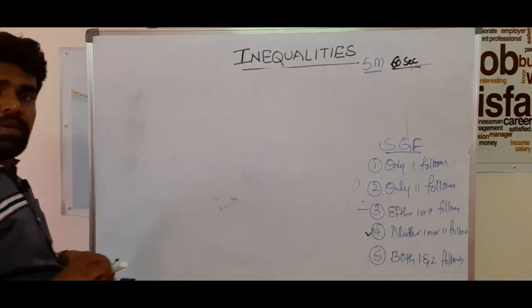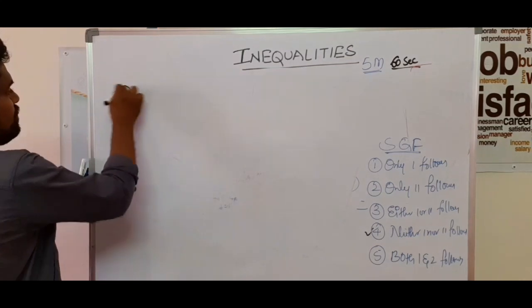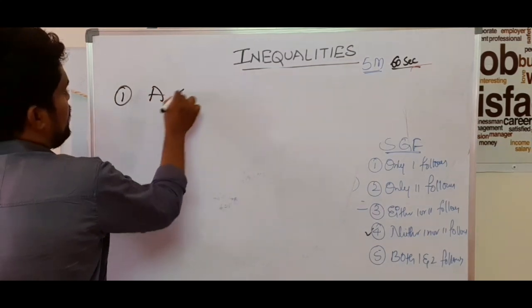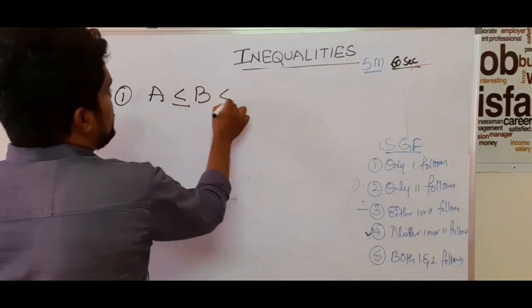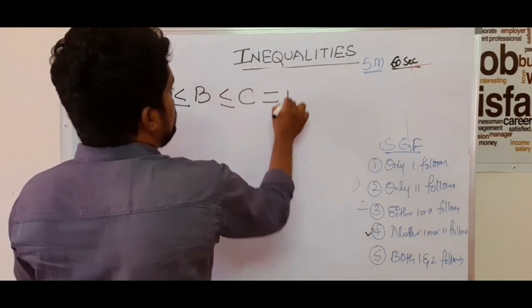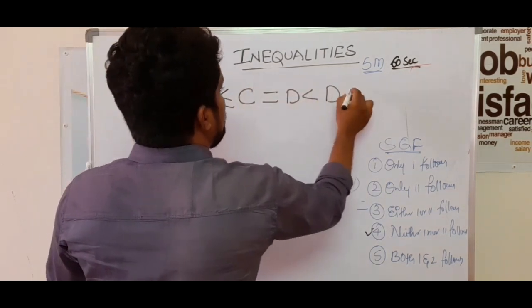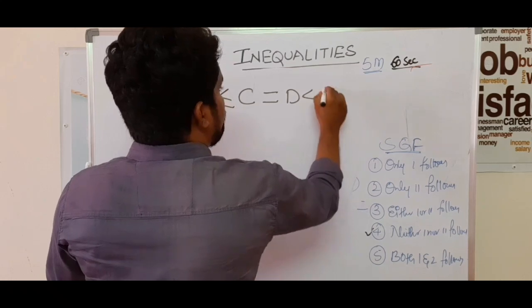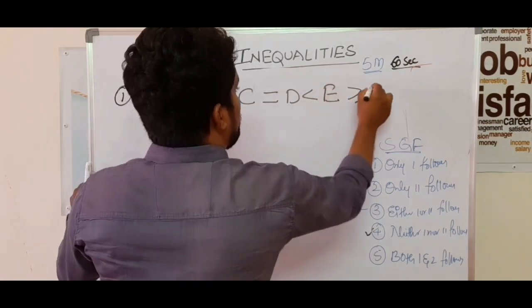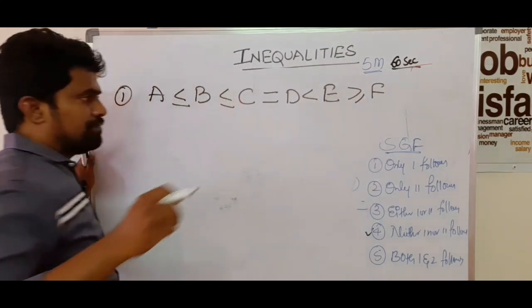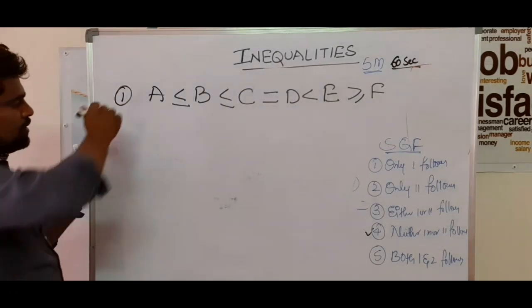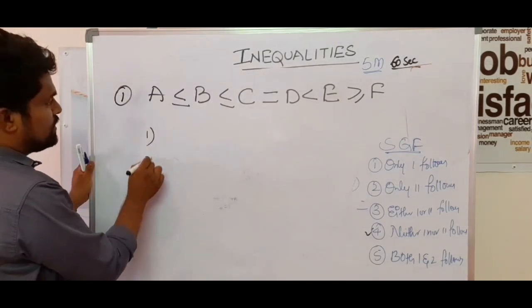I go for a simple example. A less than or equals to B, B less than or equals to C, C equal to D, D less than E, E greater than or equals to F. Here is our statement, and we have two conclusions like this.